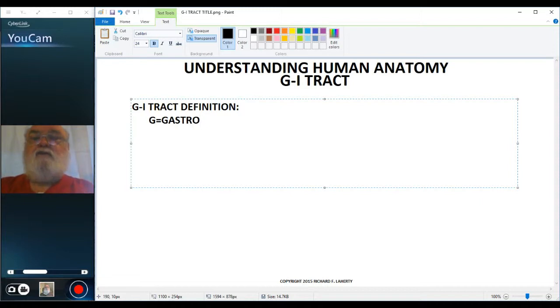And gastro is a term that means stomach. The I in GI tract stands for intestinal. In other words, the intestines.